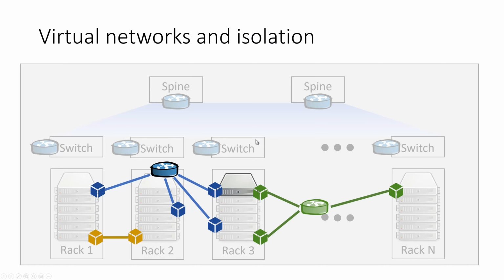So now let's consider the case that this green virtual machine wants to talk with this blue virtual machine. And let's consider this legitimate communication. There's some application on the green virtual machine, and it wants to access some service from another application running on the blue virtual machine. Maybe it's a news aggregator trying to get some news from this news provider. So it's legitimate communication.